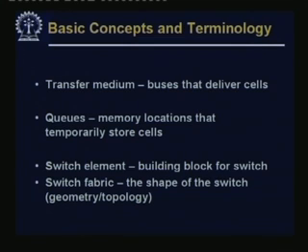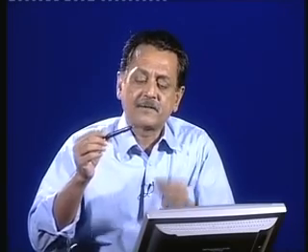The switching element is the building block for the switch. A switching element may be either on or off. If it is on, that connection is there, and if it is off, the connection is not there. Sometimes a switch at a particular point may connect either to one point or to another point.